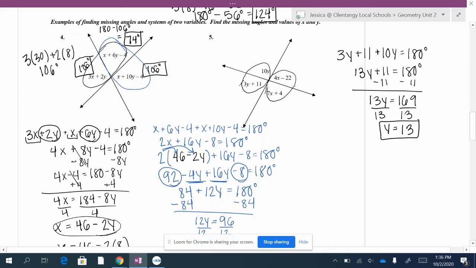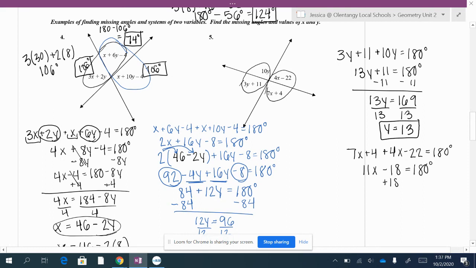And then the same thing with our x's. They form a linear pair, so we can add them together and set them equal to 180. So then 7x plus 4 plus 4x minus 22 is equal to 180 degrees. 7 plus 4 is 11x. 4 minus 22 is minus 18, equal to 180 degrees.